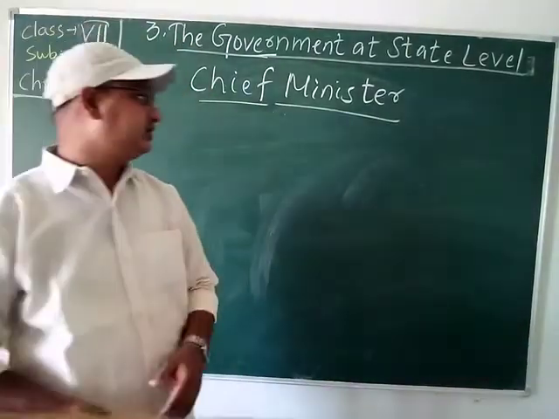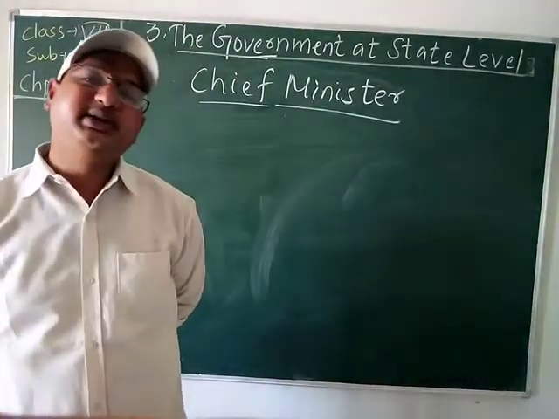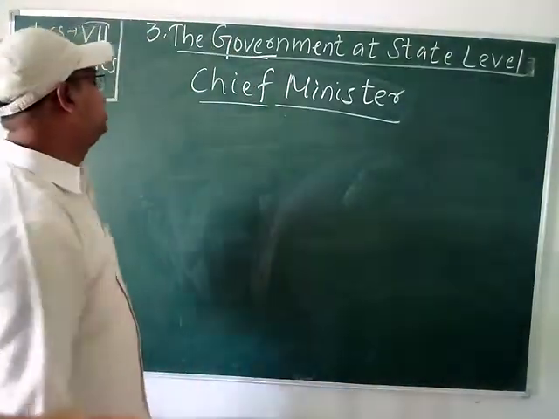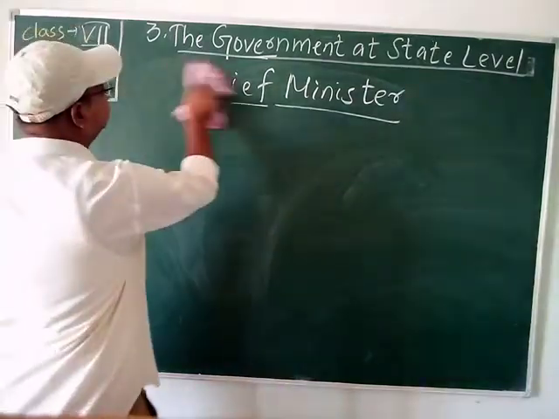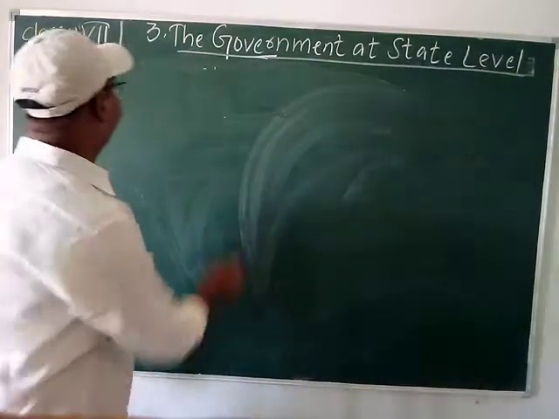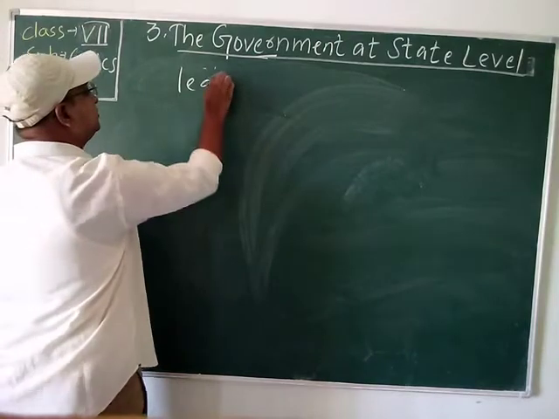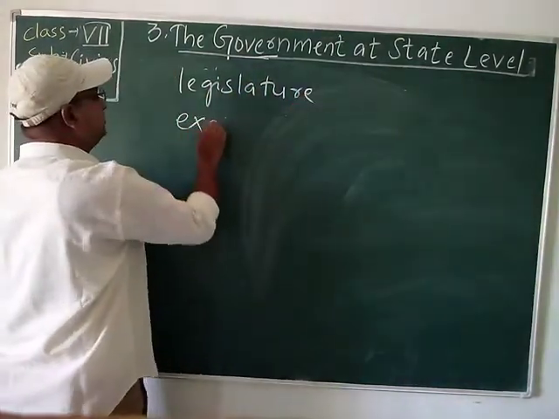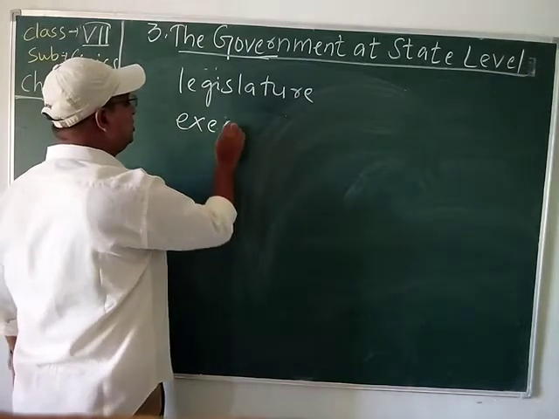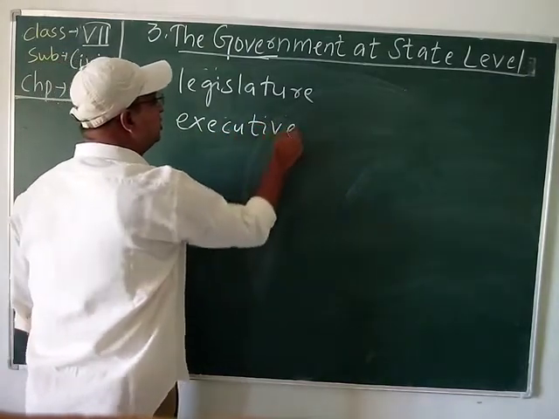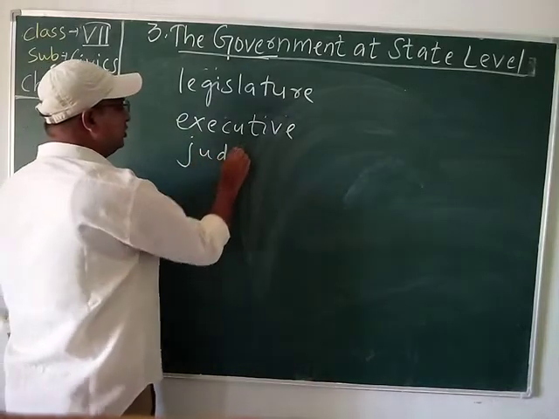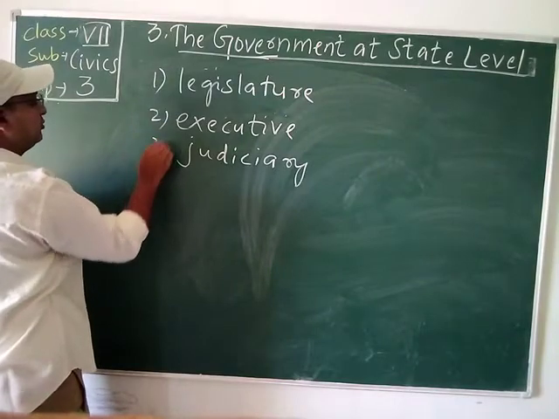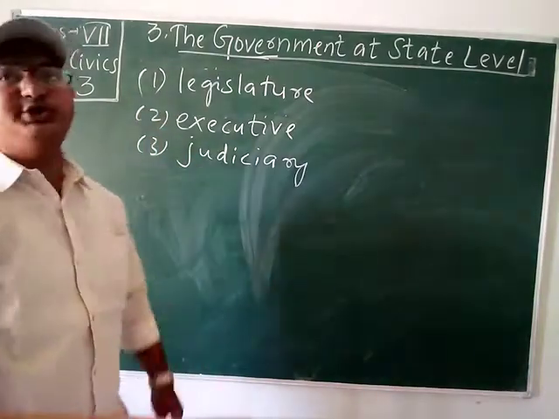So, students, next, as I have told you and explained in the previous chapter, the government is made up of three organs. Students, first one, legislature, executive, judiciary.